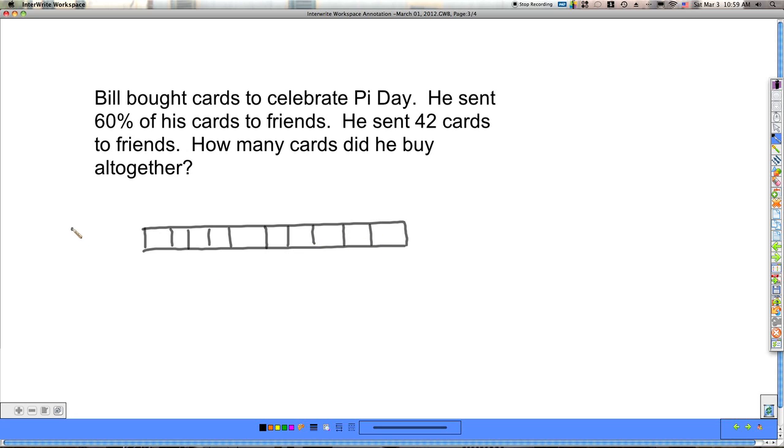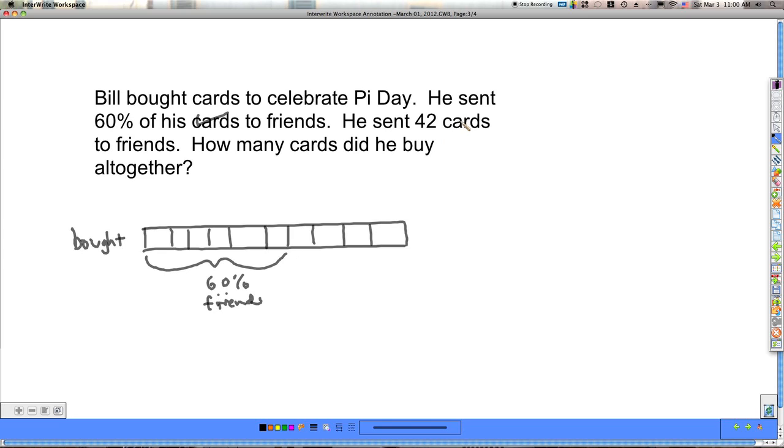This is the number of cards that he bought. And he sent 60% of those cards to his friends. So I want to get 60% for friends. Oops, that goes there. All right, so we've got that.